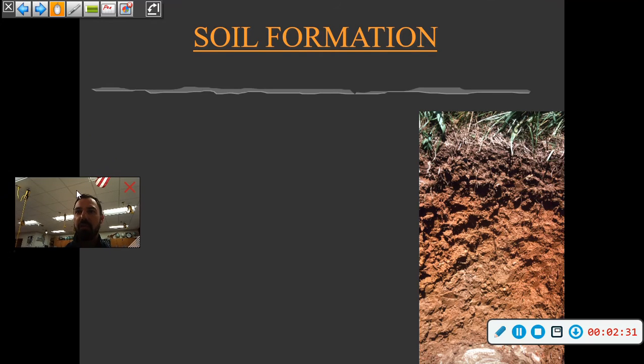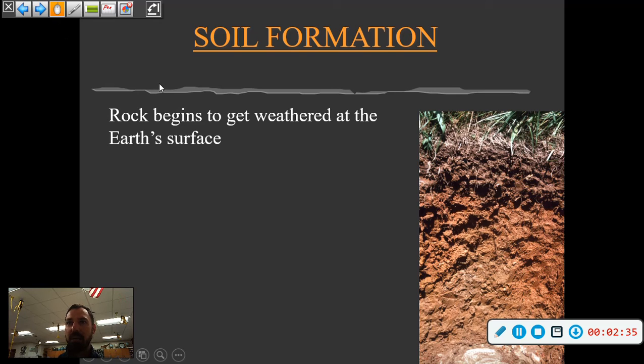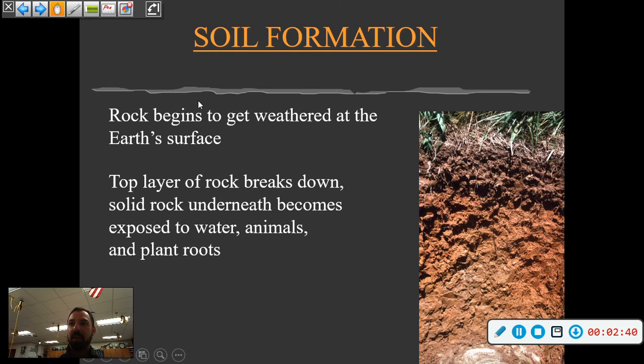Okay, so soil formation. How does it get there? Rock begins to get weathered at the Earth's surface. The top layer breaks down. The solid rock underneath becomes exposed to water, animals, and plant roots, and you guys learn that more exposure means breakdown of more material.